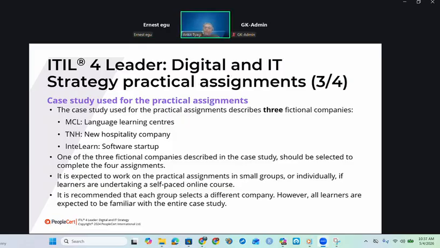MCL can also work with IntiLearn, the software startup, to improve their overall way of delivering these trainings. So we need to read the complete case study, understand the alignments or relations between the different companies, then select one and answer from their perspective.